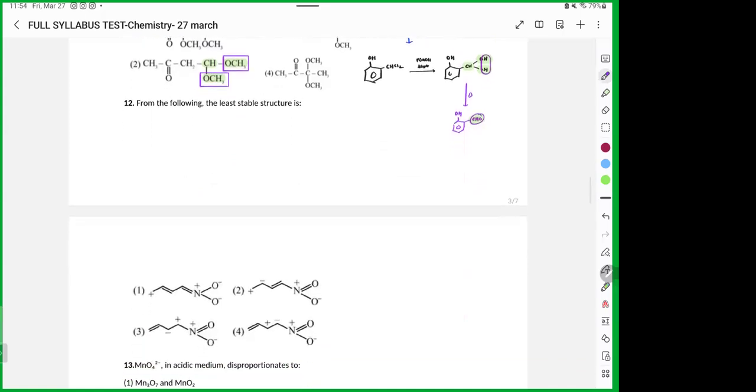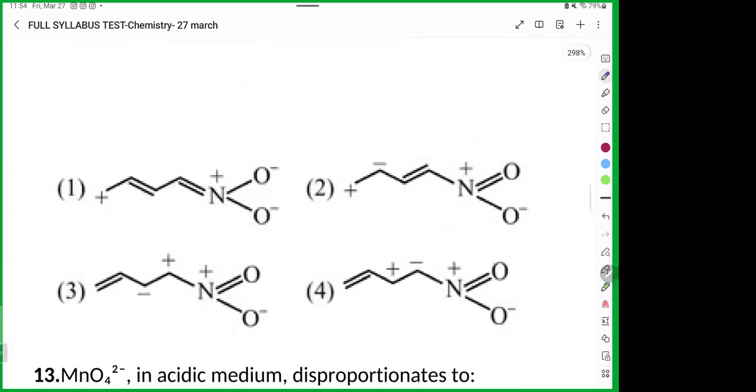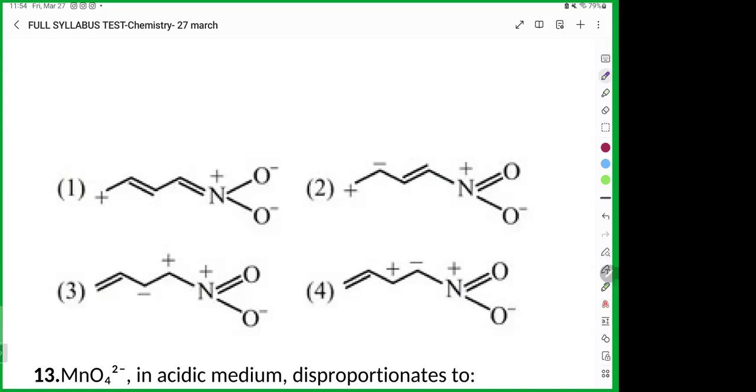Least stable structure. Simple, based on the charge and resonance. So what is the question of number 12? Least stable. One word answer.